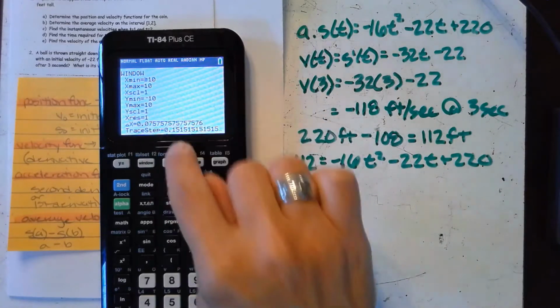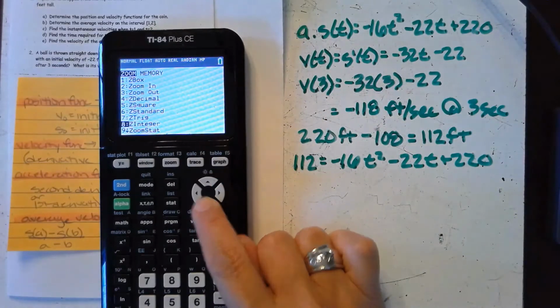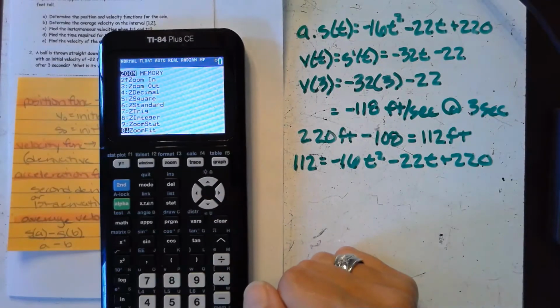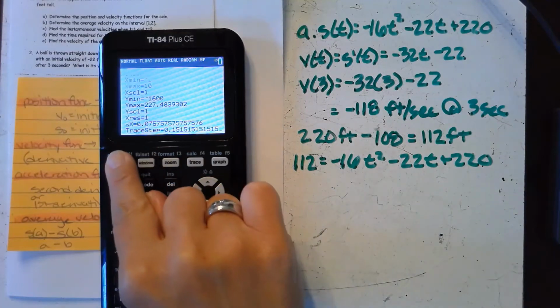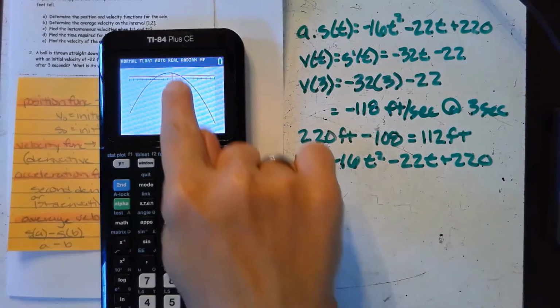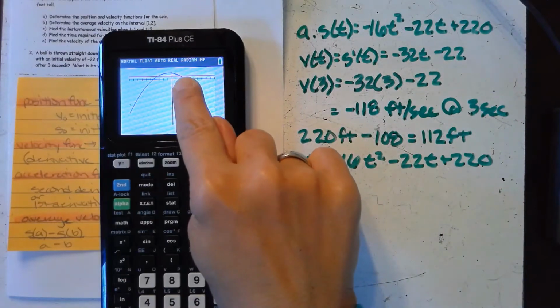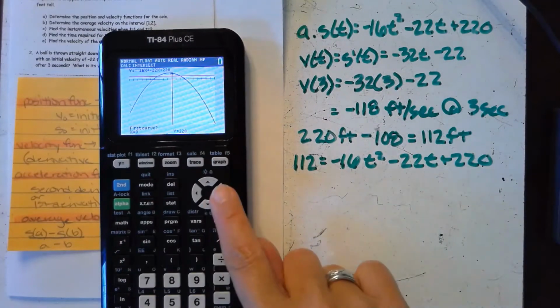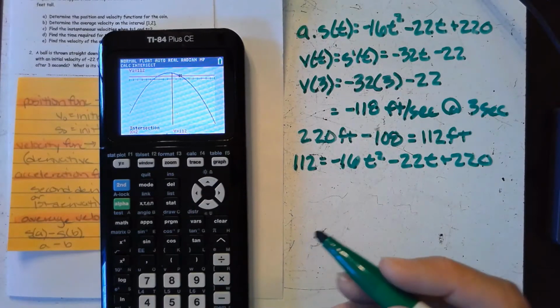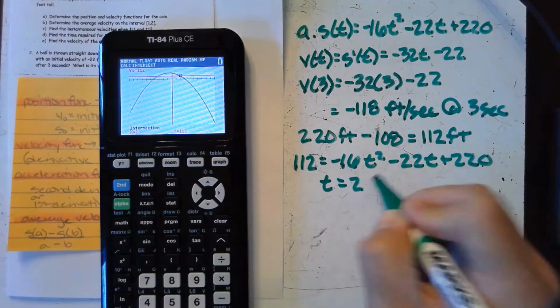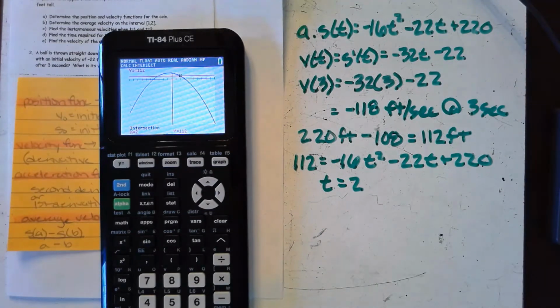But if you use zoom 0, it's supposed to fit to the data. Double check that you put in everything right. Yep. I only want the positive side, so second trace, 5 for intersect. 1, 2, 3. This is going to be at t equals 2. At t equals 2 seconds, it'll be 112 feet from the ground.